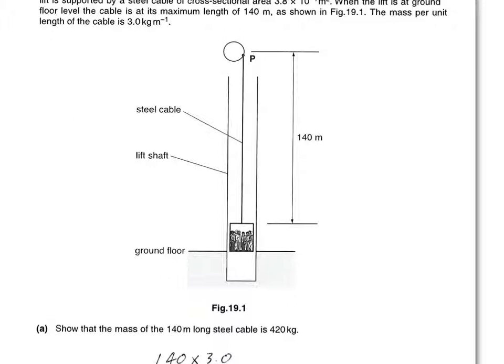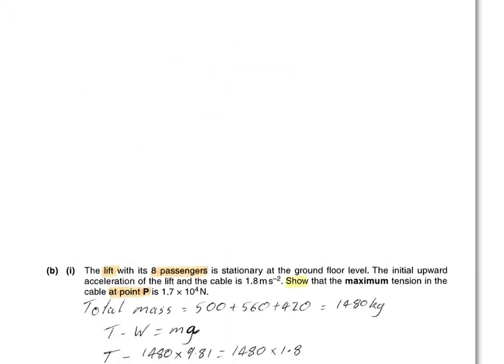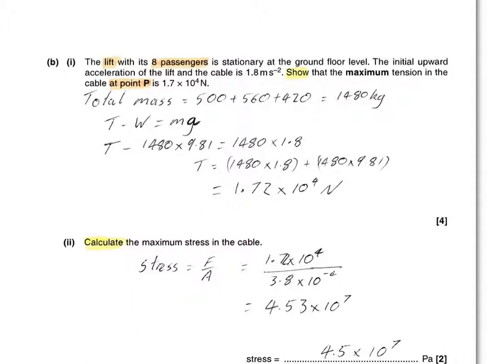So the net force is going to be the tension in the upward direction take away the weight in the downward direction. So if I go back to my solution, I've got that T minus W is equal to MA. I fell into the bad habit of just writing down mg because I've written down W there, but what I've got there is that F, the net force, is MA.